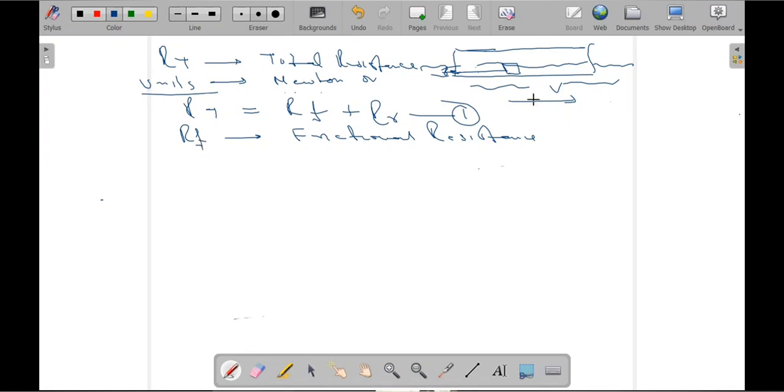Now, the second part is called RR. So RR is called residuary resistance, also sometimes called wave making resistance.